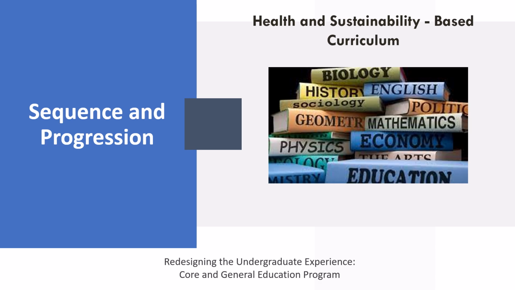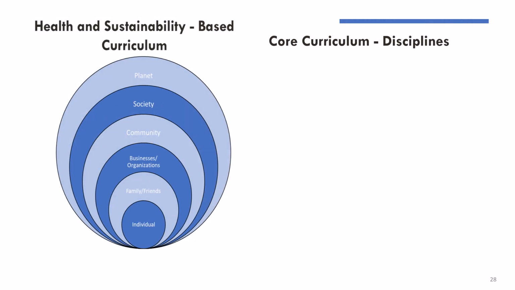Subject matter experts from a variety of disciplines can play a role in contributing to the identification of content standards and learning objectives that will help students develop the knowledge, attitudes, and skills to achieve the desired student outcomes of a health and sustainability-based curriculum. For example, health, physical education, and biology departments can help students understand the factors that influence personal health and wellness.